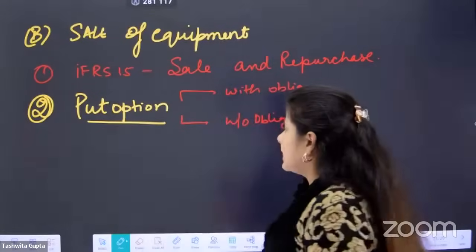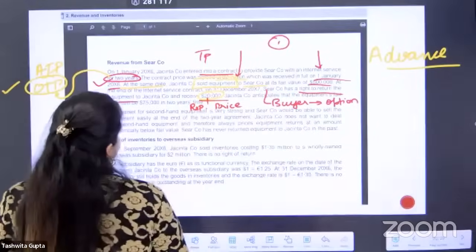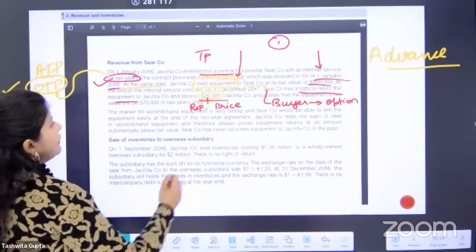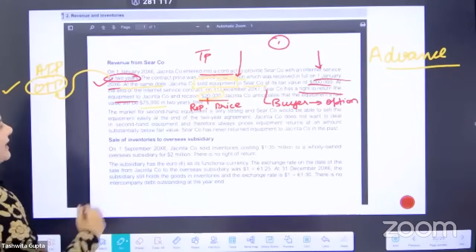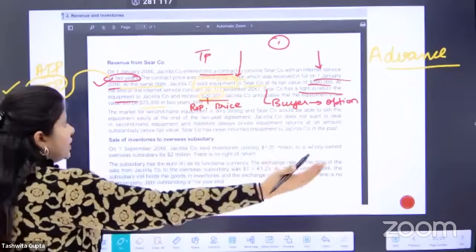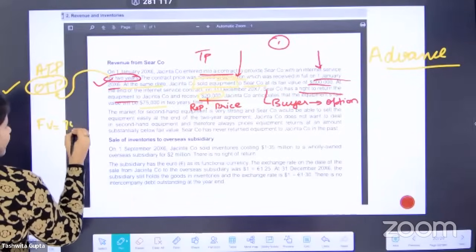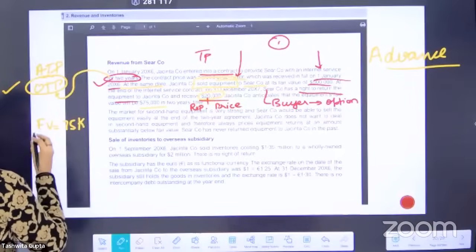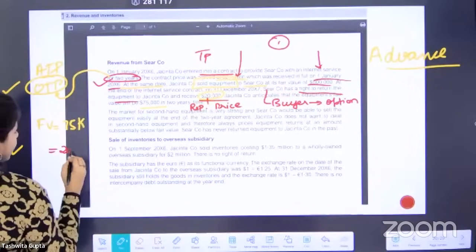So let's see in the question. Let's read it ahead. They are saying that the fair value would be 75,000. So at that point in time in future, the fair value of this equipment will be 75,000 and the customer will be able to sell this to us for 20,000.